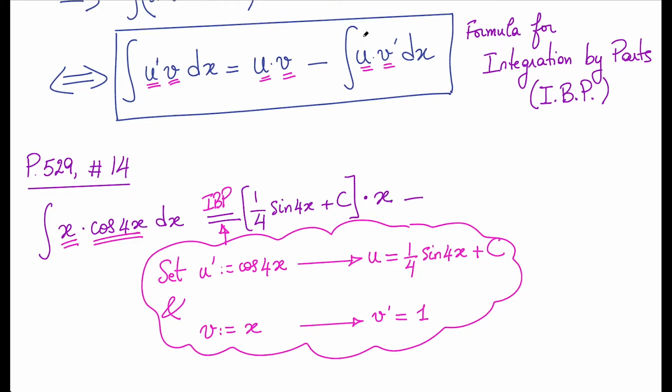Minus the primitive of u v prime, this is u, so 1/4 sine 4x plus c, times v prime, the v prime happens to be 1, correct? dx. Okay, so we're not integrating this anymore. Look here, for uv, we're not integrating this entity, it's just part of the answer, right? It's part of the primitive.